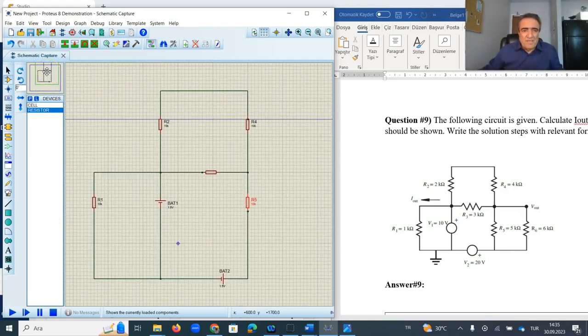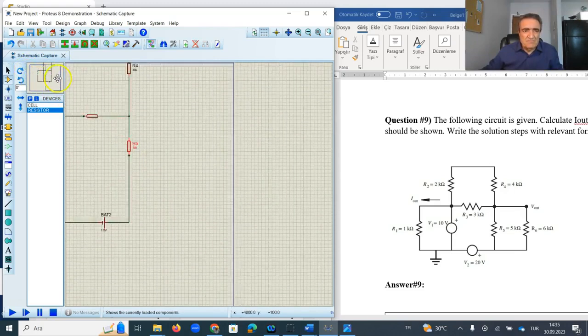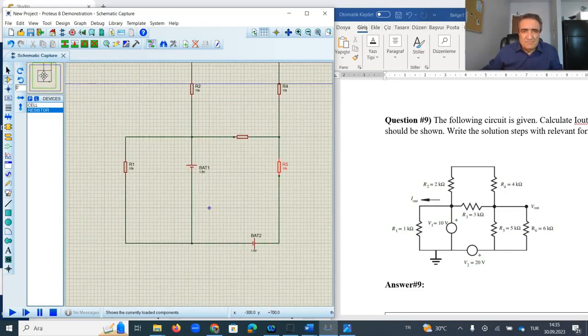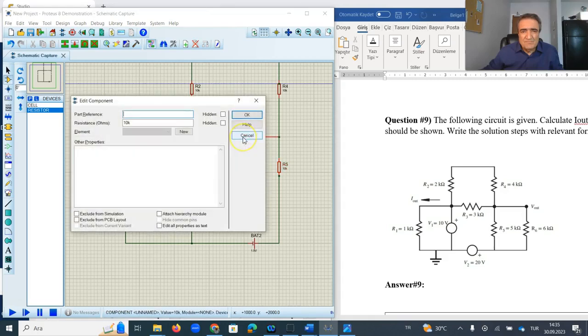You see here, part reference, it was R3 and type R3. What is the value of it? It should be 3 kilo ohm. Therefore, I am typing here 3 kilo ohm. Okay.